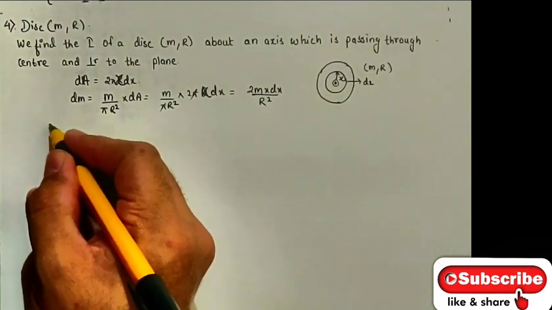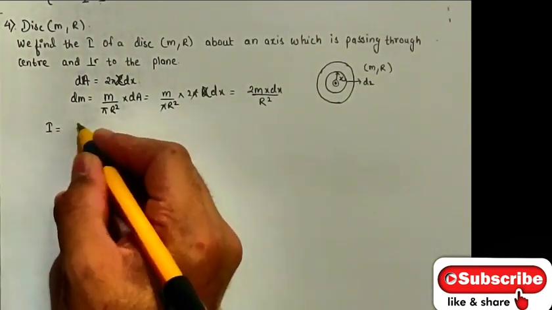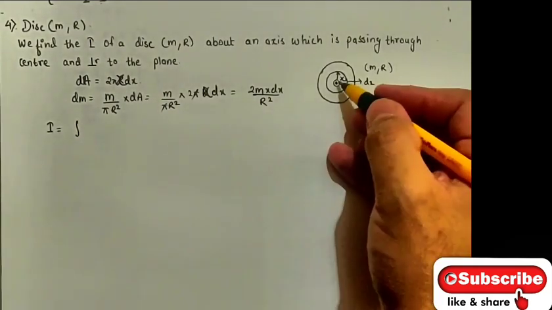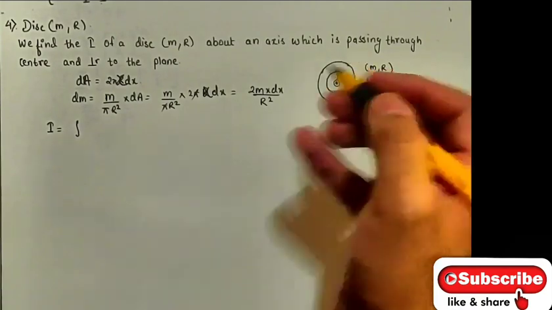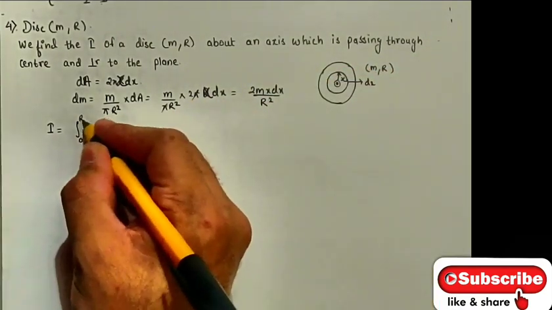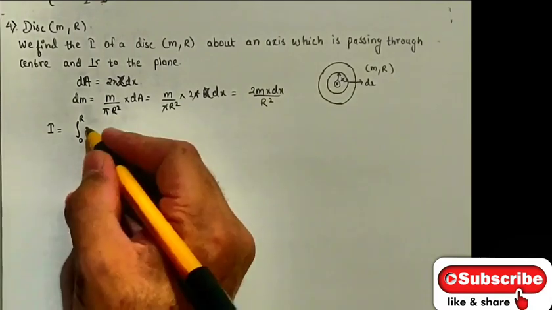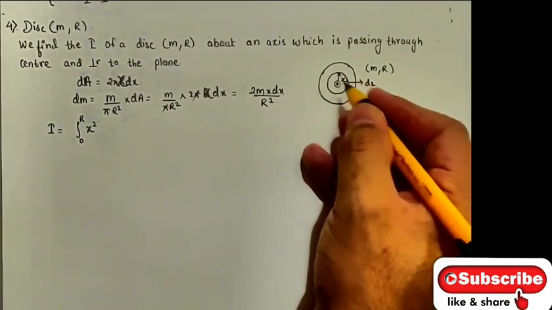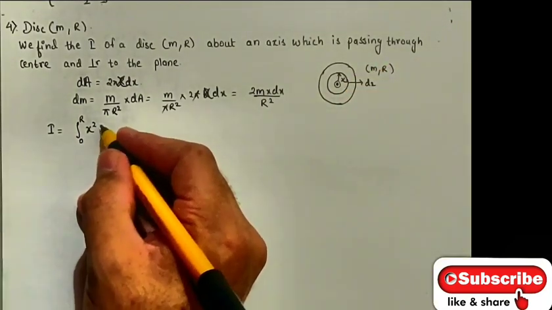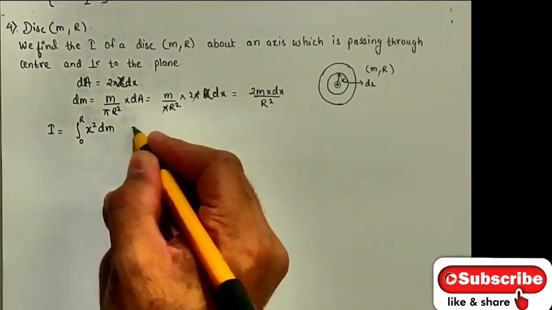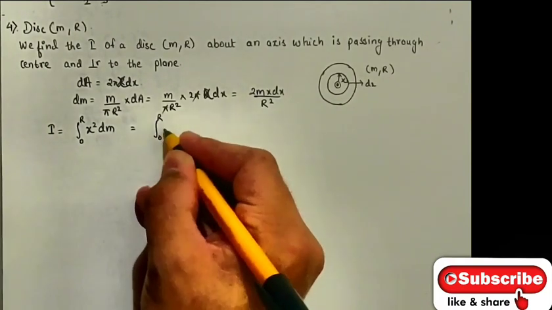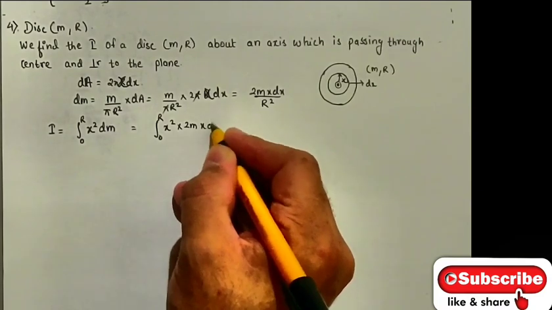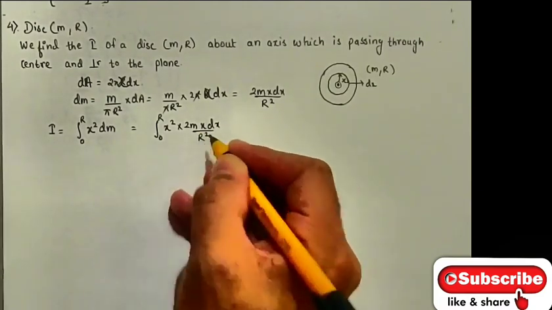For calculating I, our elements start from 0 to r, so the limits are 0 to r. The perpendicular distance from the axis is x, so x square into dm gives the integral from 0 to r of x square into 2m x dx by r square.